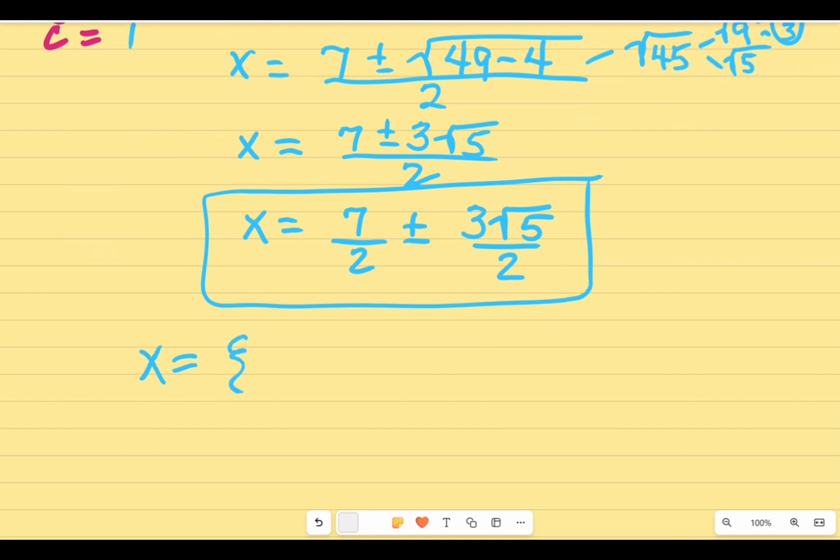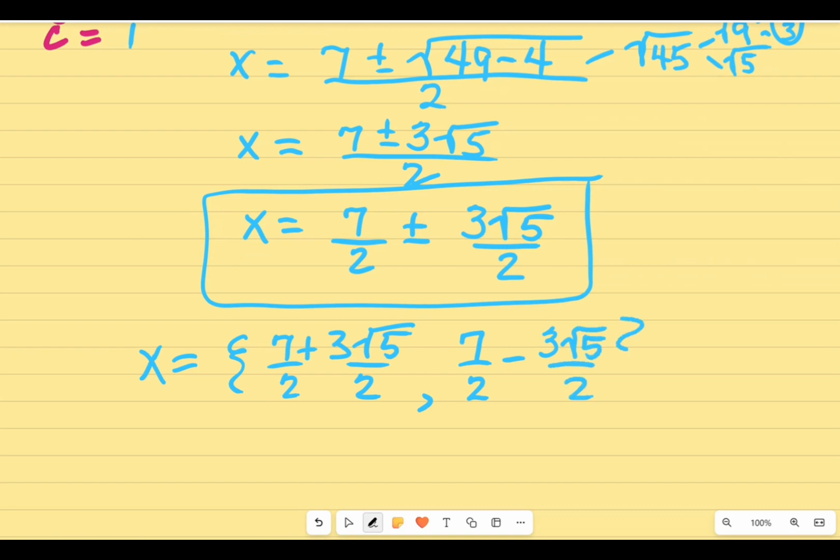So you could say that X is the set of 7 plus 3 radical 5 divided by 2, and 7 over 2 minus 3 radical 5 over 2. All 3 of those are acceptable answers.